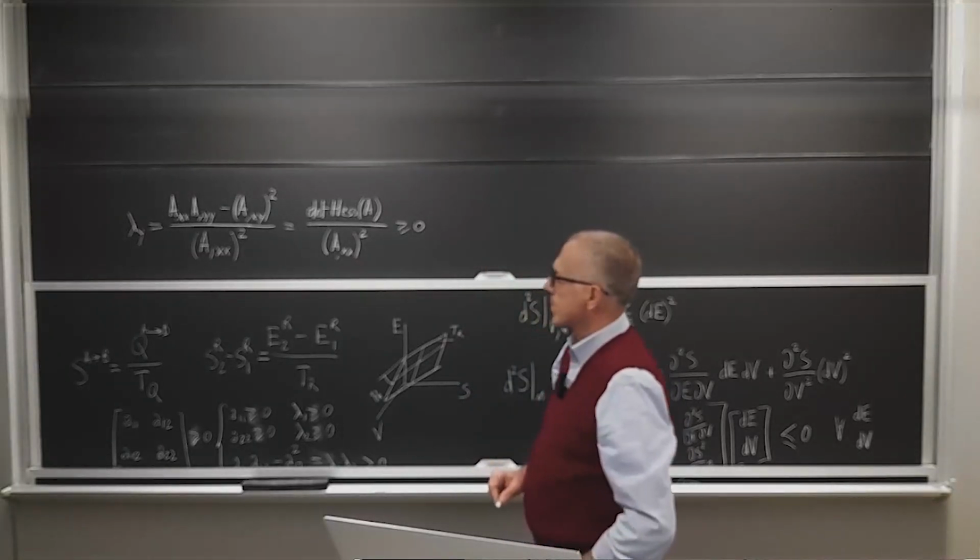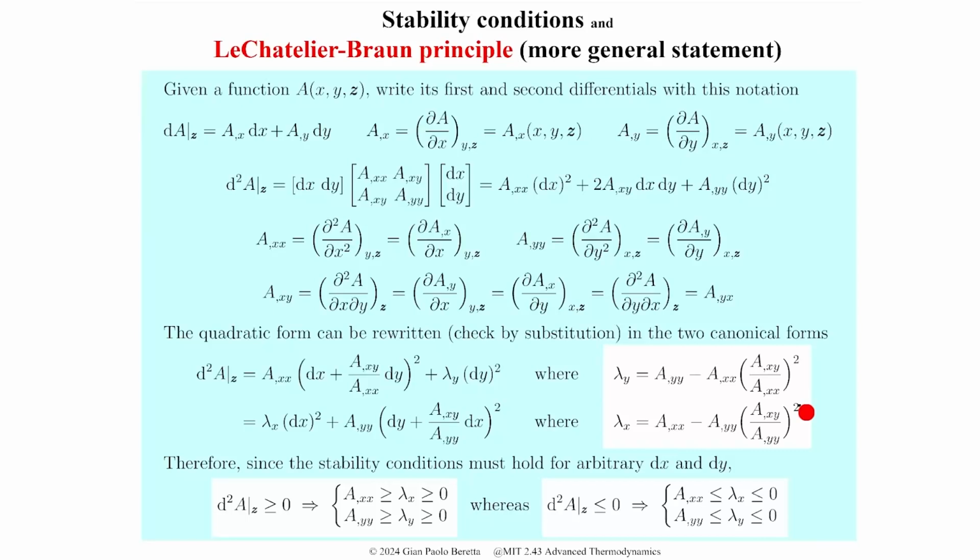Okay? So this explains why lambda, you can do that for y, but also for x. The lambdas are also non-negative. And now you can also see here why lambda, for example, lambda y is smaller than AYY. Because you look here. This is lambda, this is A, and then you subtract something positive.